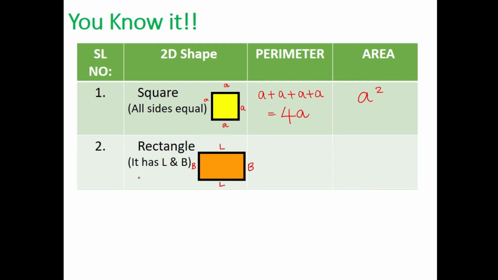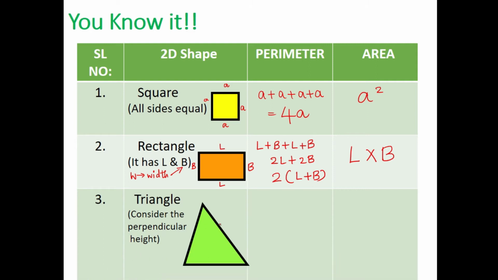Some of you may use the letter W, which denotes width, instead of B. Both are appropriate. The perimeter is just going to be the sum of the border, which is 2L plus 2B, or you can take the common outside and write 2(L plus B). The area is again the length multiplied by the breadth.